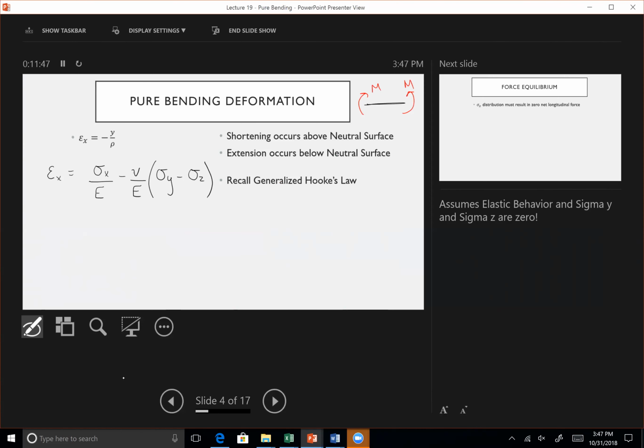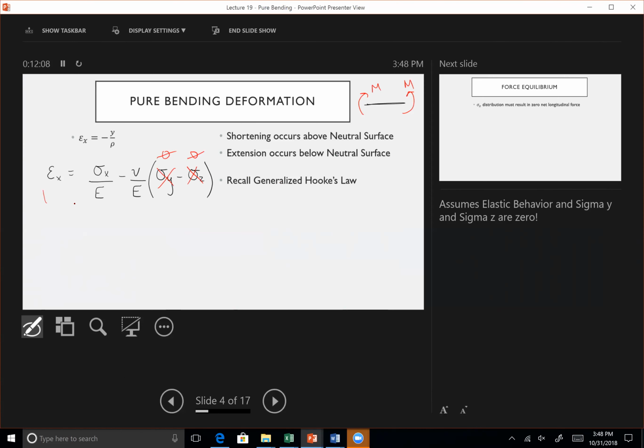So in this type of loading, bending, we have normal stress in the longitudinal direction, and we presume that the other two stresses are zero. It's an assumption that is very close to the reality. And so therefore, these two are zero.